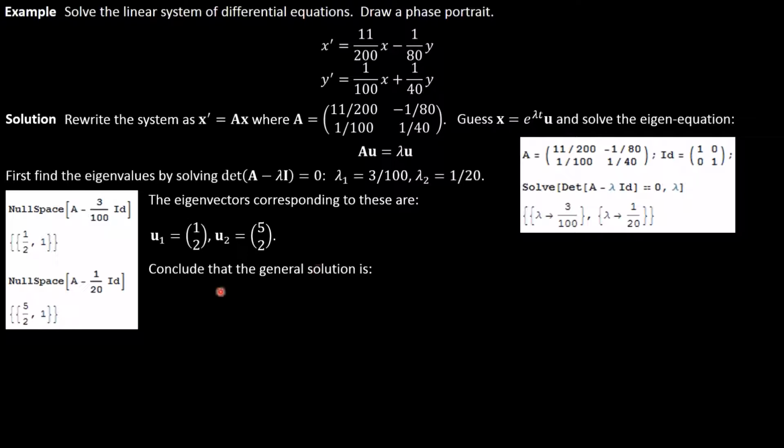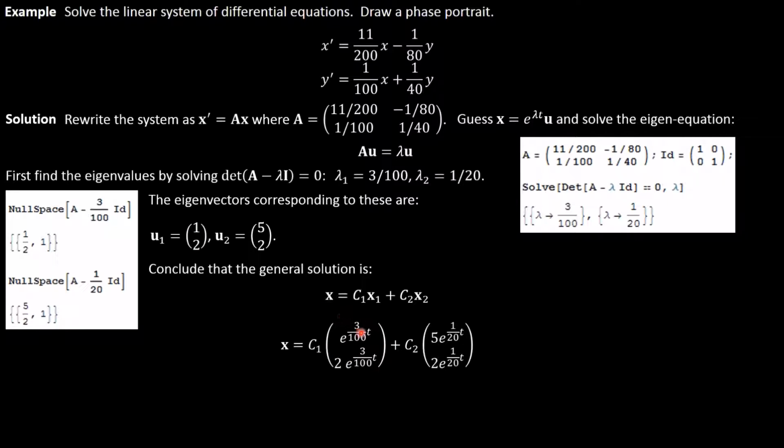And so we conclude that our general solution consists of these e to the lambda t u's. Each one of them is a solution, and any linear combination of them will be a solution. The first is e to the 3/100ths t times the vector 1, 2, which gives us this.